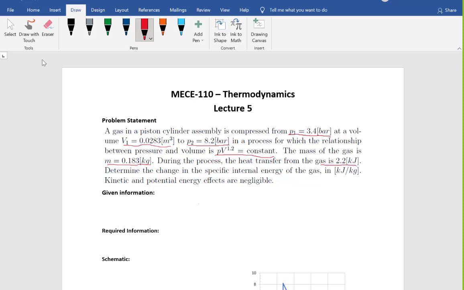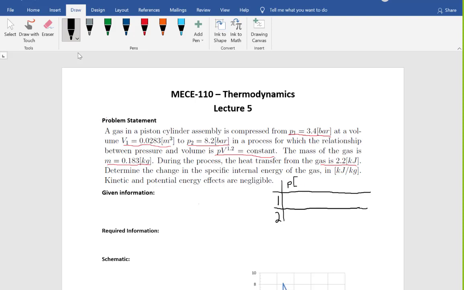One of the things I'm going to encourage you to do in this class is to draw what we call state tables. It's a handy way, when you're doing an exam problem, to have a table like this, because then you can easily look to see what your information is. We know that there's gas in a piston cylinder assembly, and that there's a pressure.